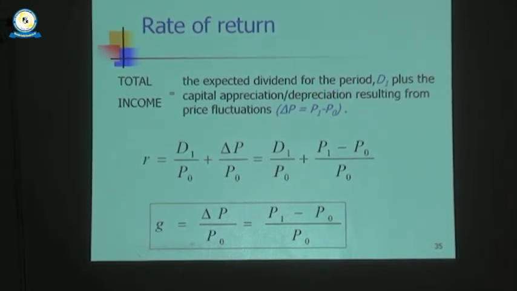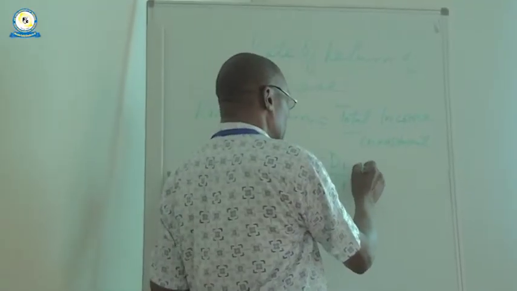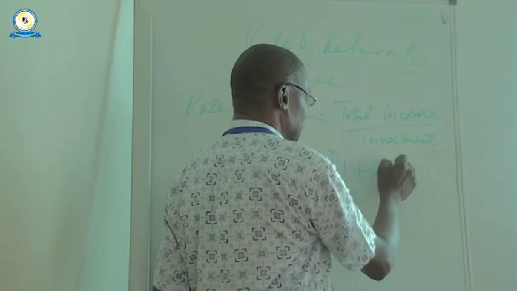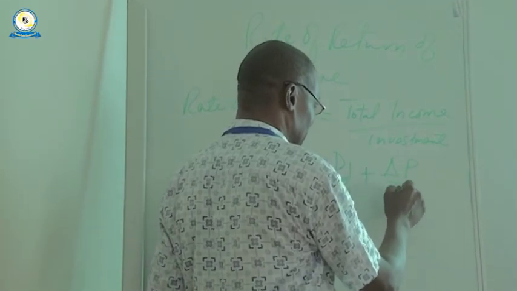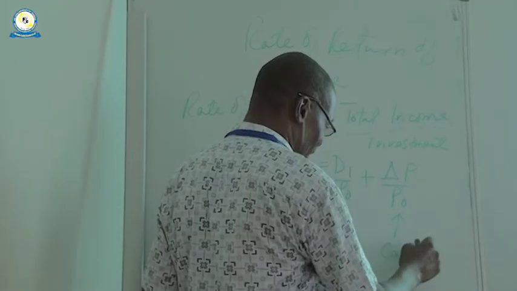Here, total income comes from dividend yield, D1 over P naught. This is known as dividend yield. And you take dividend yield, you plus capital gain, change in P divided by P naught. We call this capital gain.